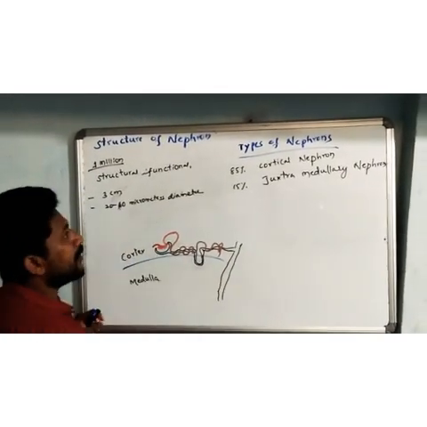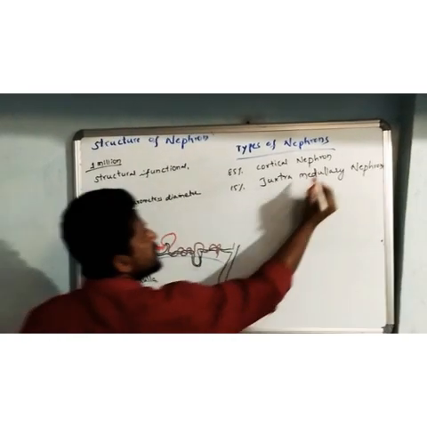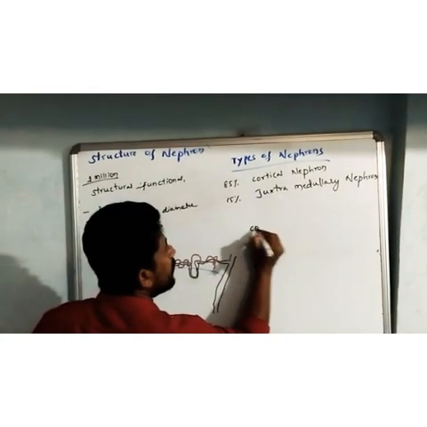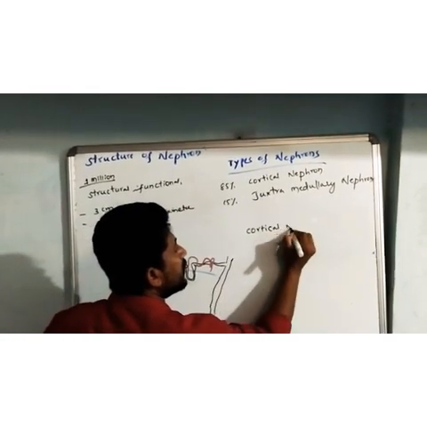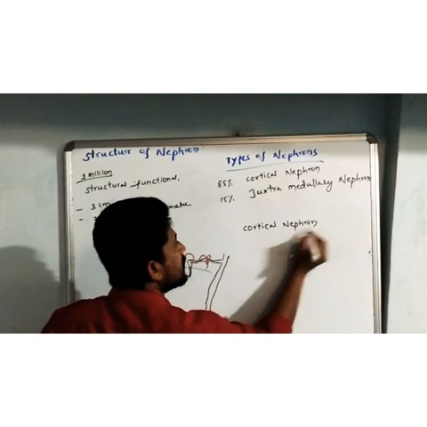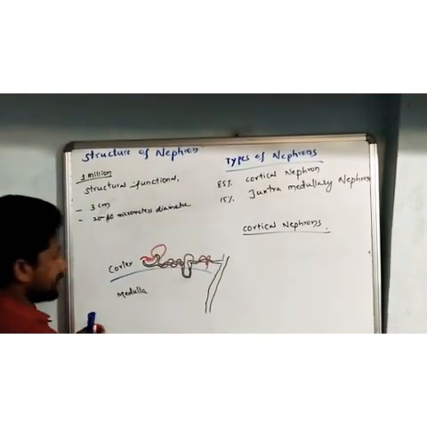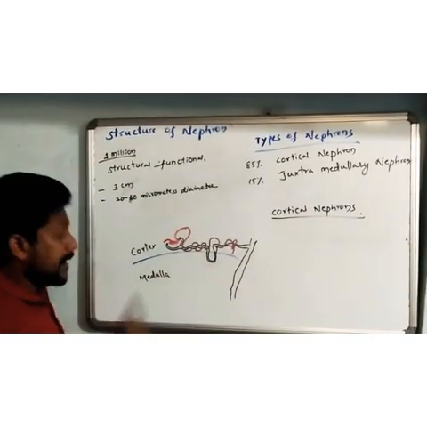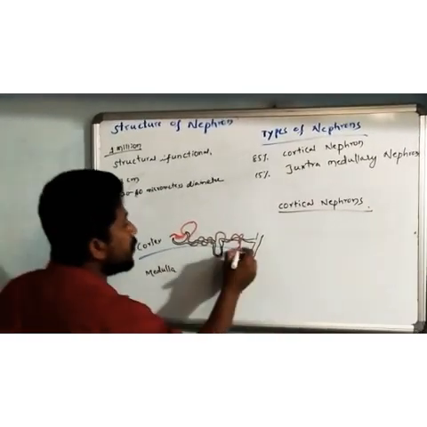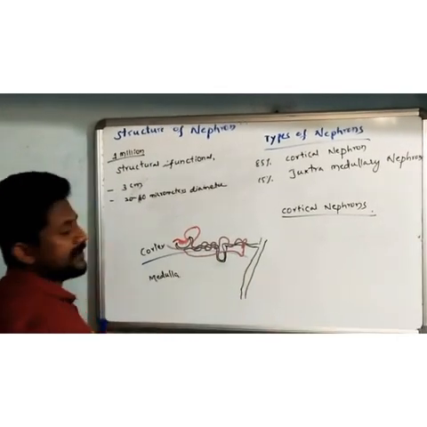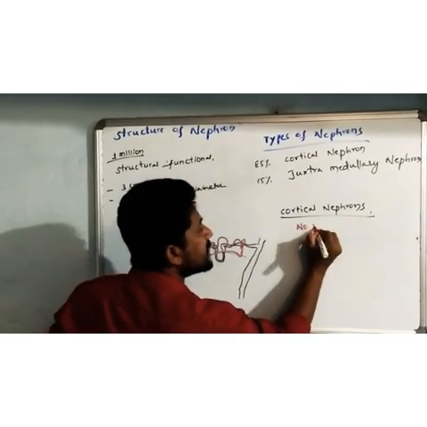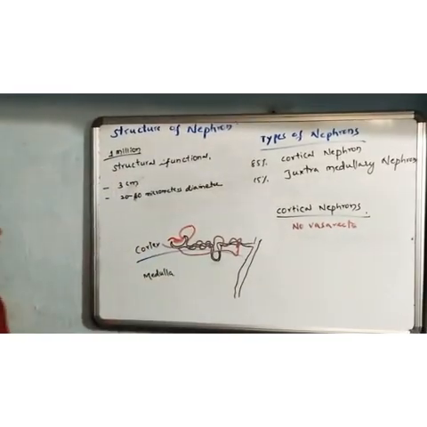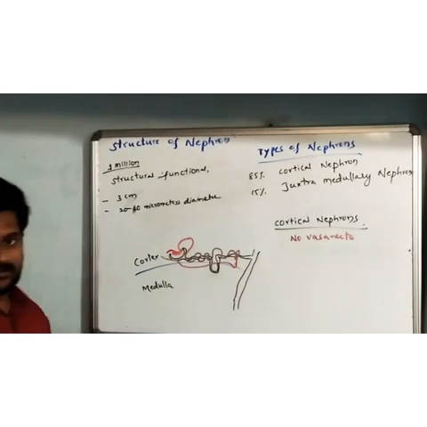But very important, in the cortical nephrons, peritubular capillaries are present, but there is no vasa recta. So these are the cortical nephrons.